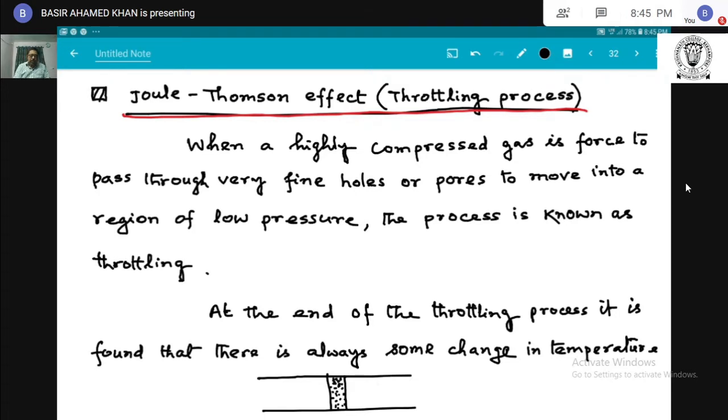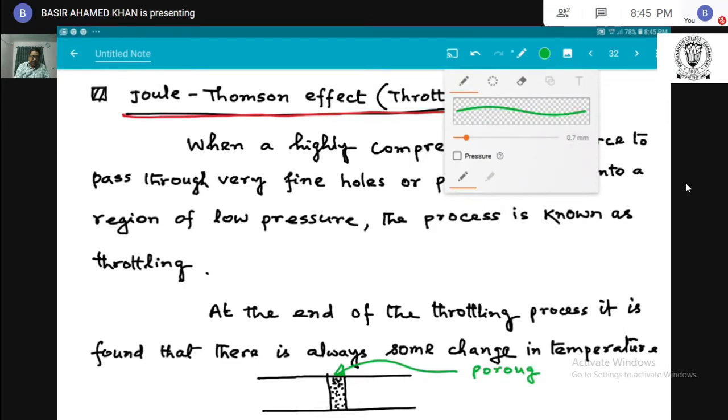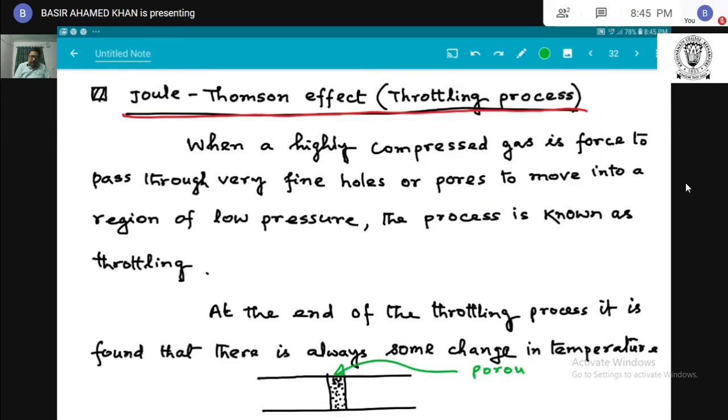This is called a porous plug, made with woolen or cotton or silk.